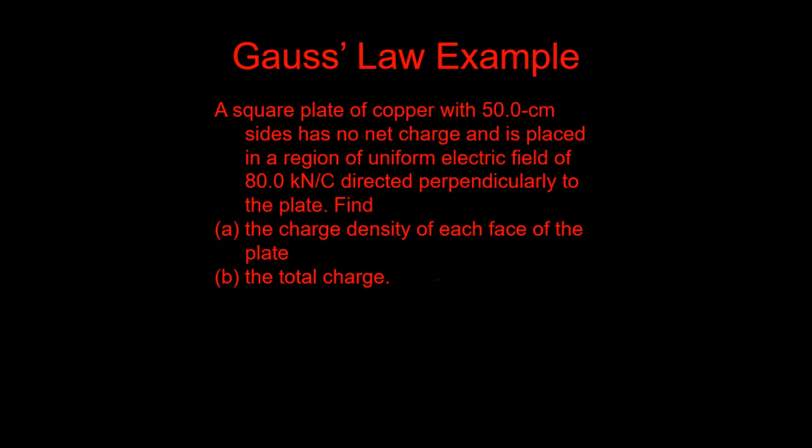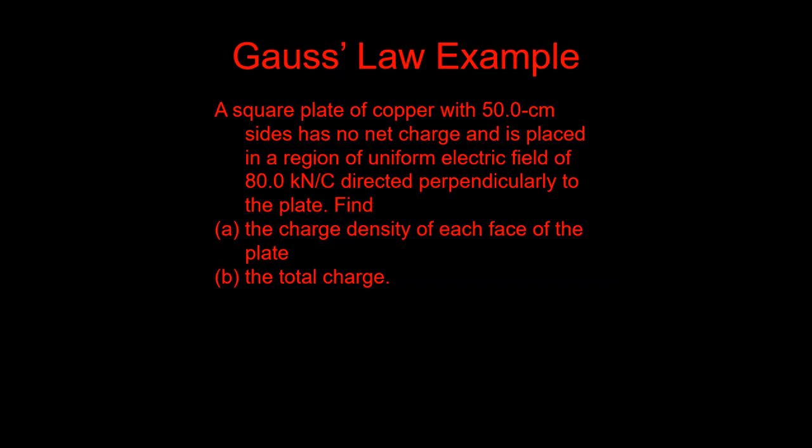Finally, let's take a look at a square plate of copper with 50 centimeter sides. There's no net charge and it's placed in a region of uniform electric field of 80 kilonewtons per coulomb. That field is perpendicular to the plate. Let's find the charge density of each face of the plate and then the total charge.